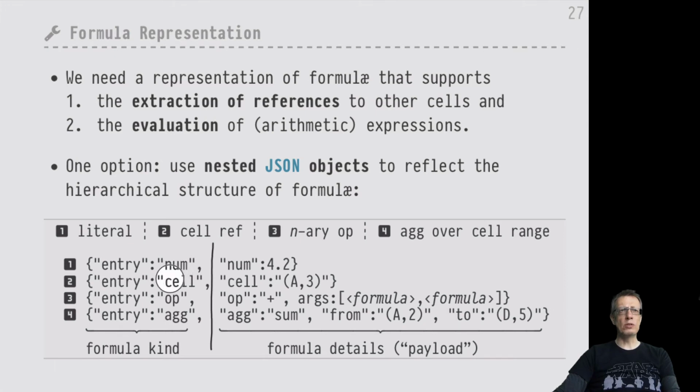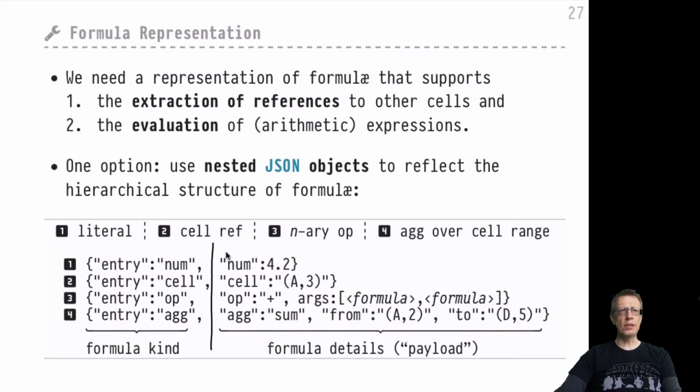We can represent cell references, so an expression that refers to another cell. We can represent n-ary operators, and we can represent aggregates like the sum aggregate that was referring to an entire rectangular region of cells that would then be aggregated. All right, these would be the four kinds of formulas that we represent.